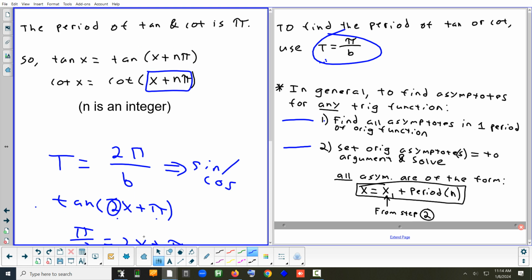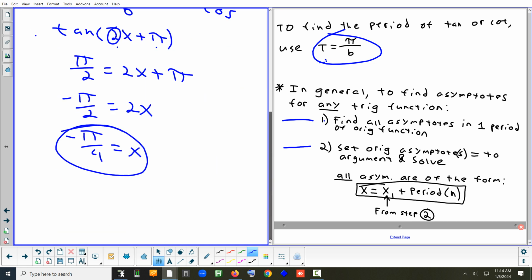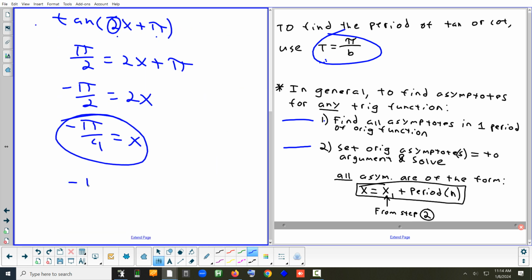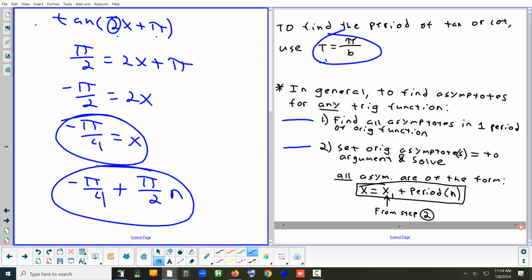So the answer to this one would be: the asymptotes occur starting at negative pi over 4 and repeating every pi over 2 radians. So you can add any multiple of pi over 2 and you'll get another asymptote. Okay, I'm going to do a problem, much nicer and more organized, as we go through.